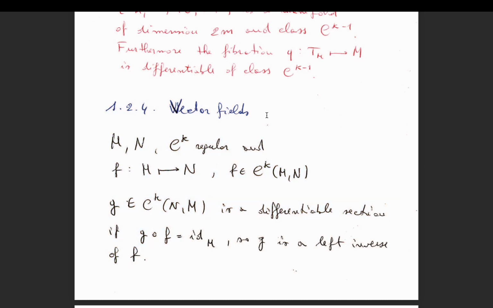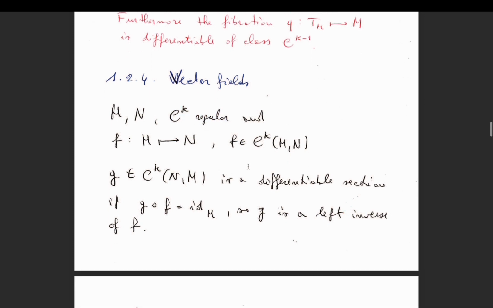Now let's speak about the sections of the tangent bundle. The tangent bundle has sections, but what is a section? Let's consider a k-regular function f from M to N, where M and N are two differentiable manifolds.